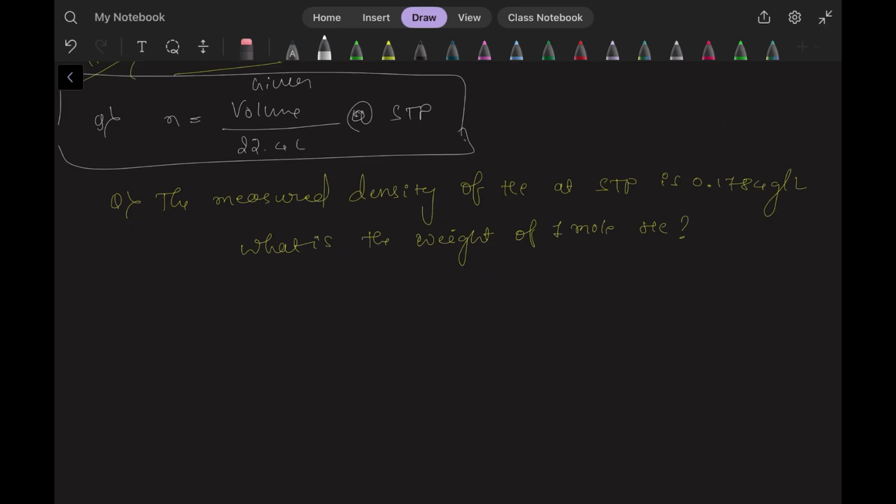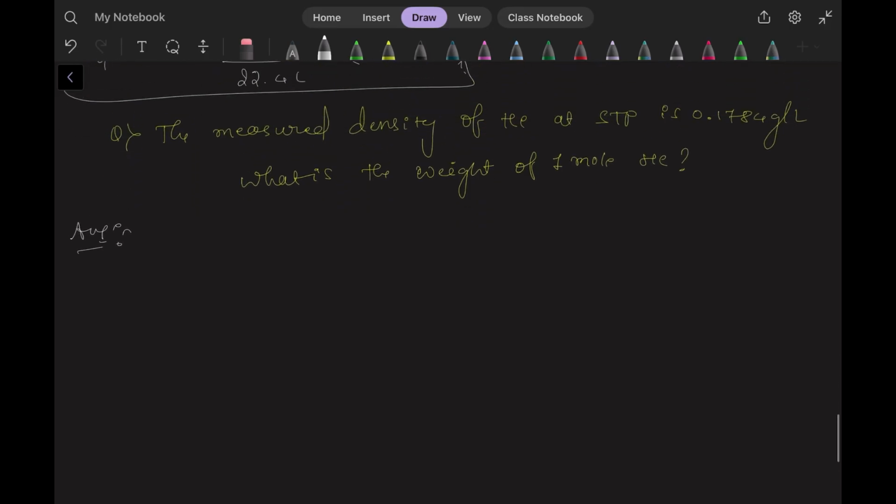These are the first numerical questions we are discussing in physical chemistry. Therefore I suggest to each and every one, whatever numericals you are trying to solve, first write down the given data in the question. Based on the given data, that is number of moles, I have mentioned 1 mole, then they are mentioning density is nothing but 0.178 gram per liter. So by this we should be aware about the moles, but moles they have given.